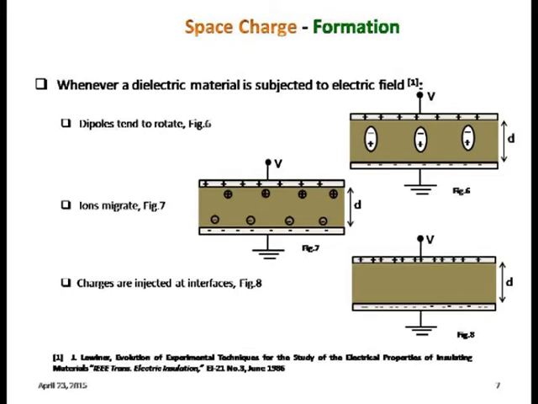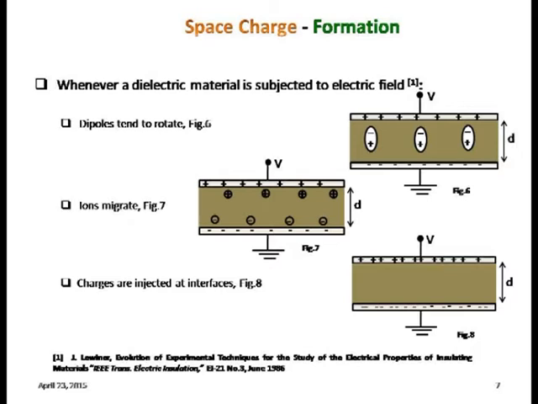And here also plus and minus charges. Such charges, where the interfacial charge is different from the charge just within the insulation, are known as heterocharge formation in the literature.